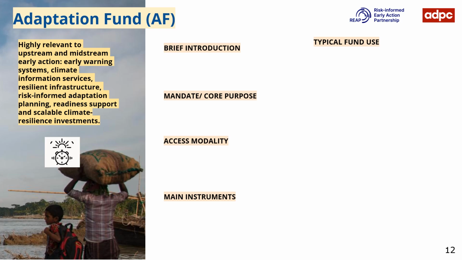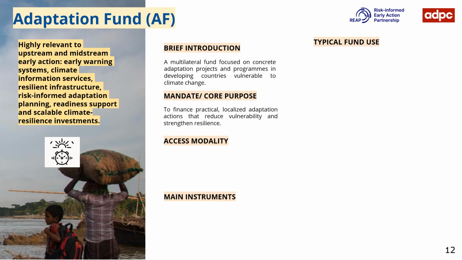This slide introduces the Adaptation Fund. The Adaptation Fund focuses on concrete adaptation projects and programs in developing countries that are particularly vulnerable to climate change. It is known for supporting practical and localized adaptation action, including water management, agriculture, coastal resilience, food security, disaster risk reduction, ecosystem-based adaptation, and community resilience.